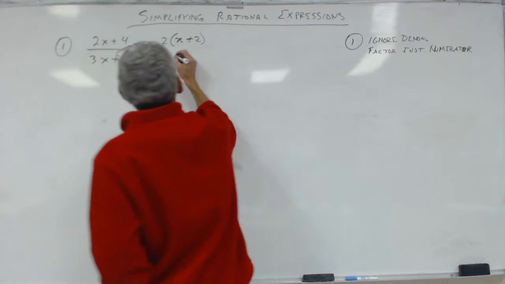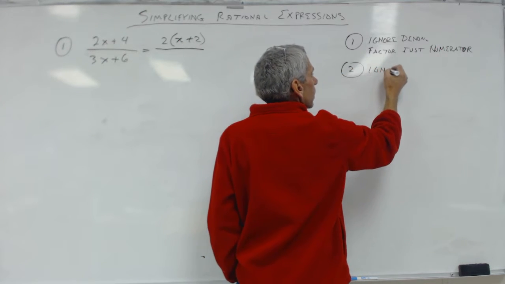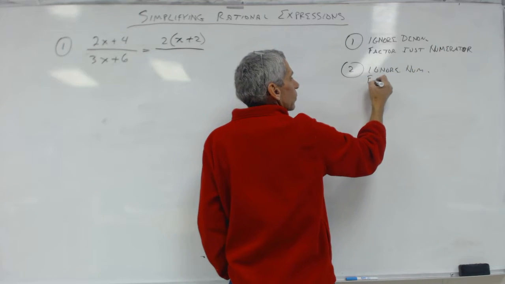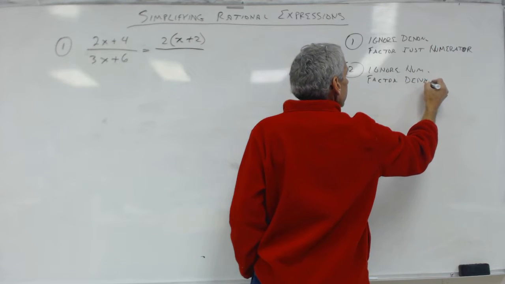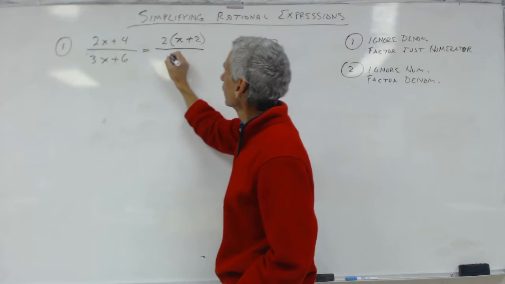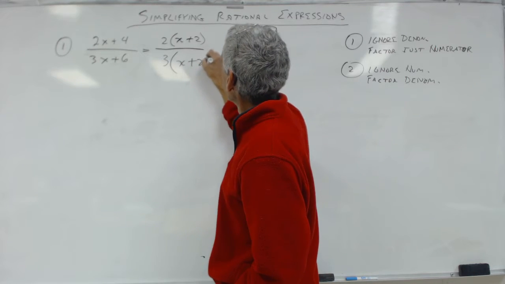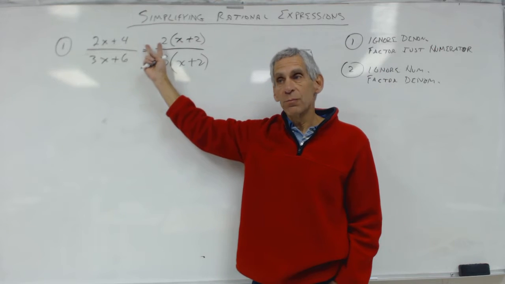Now the second step is ignore the numerator and factor the denominator. Can I factor this denominator? Yeah, 3 times x plus 2. Now I have products.